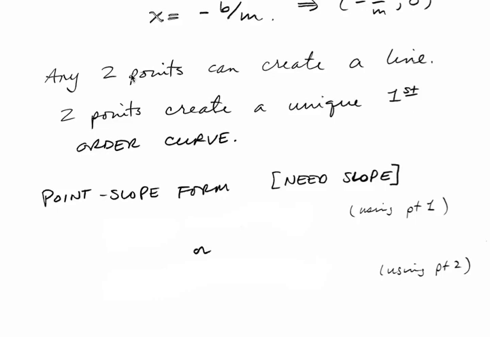And that line will have to be straight. Now, you could create curved lines that go through those 2 points, but those would be non-unique. You would have an infinite number of answers that could do that. But you only have one answer for a straight line that goes through 2 points. So it deals with uniqueness. So we'll get into that.